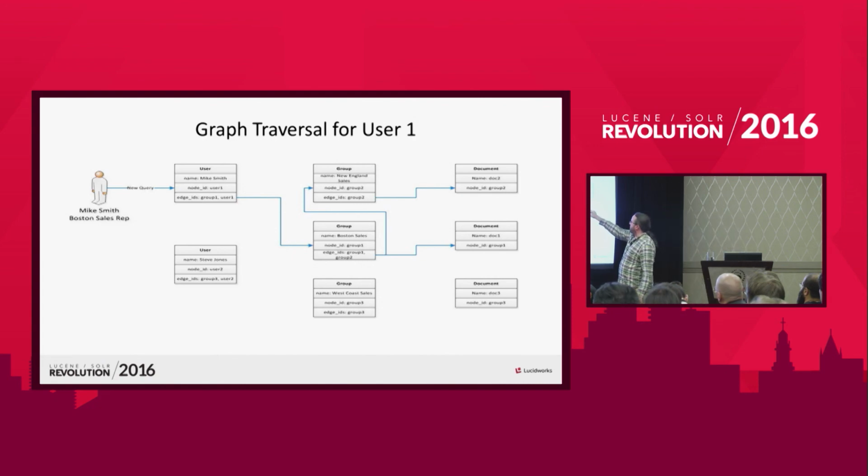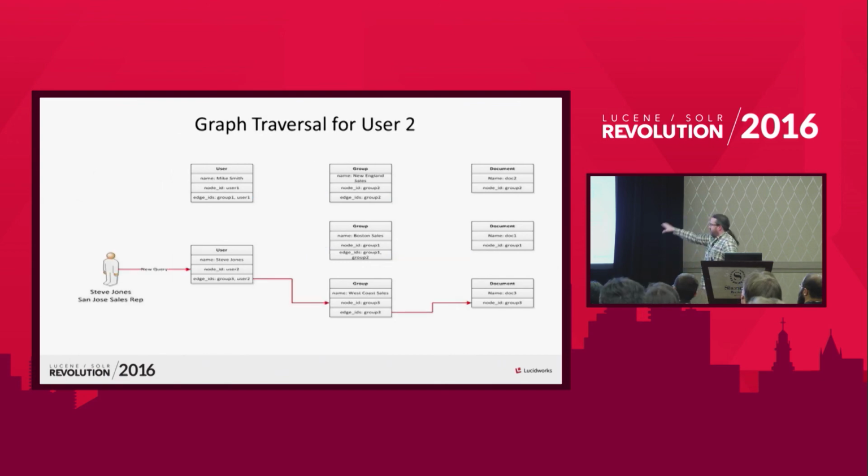I go from the user record to the group record to the other group record, and ultimately to the documents themselves. One of the key things to point out is that these document records do not have pointers to other records. These are referred to as edge nodes or leaf nodes. So that parameter, leaf node only, allows you to only return these documents and very efficiently exclude all of your access control records.